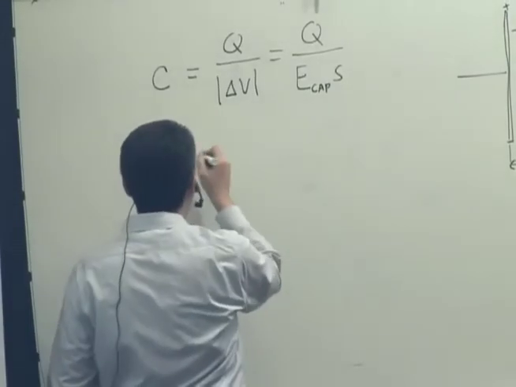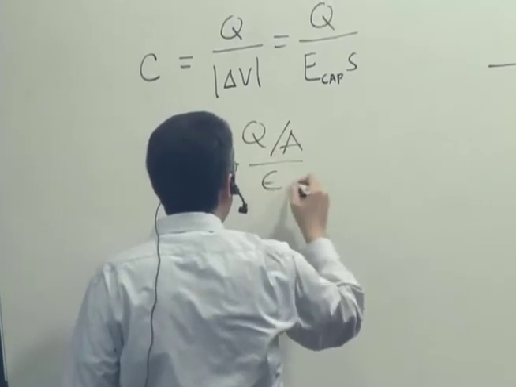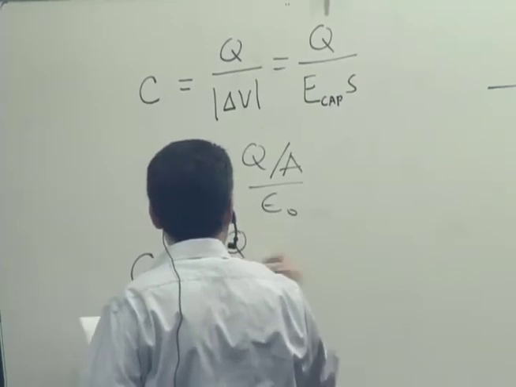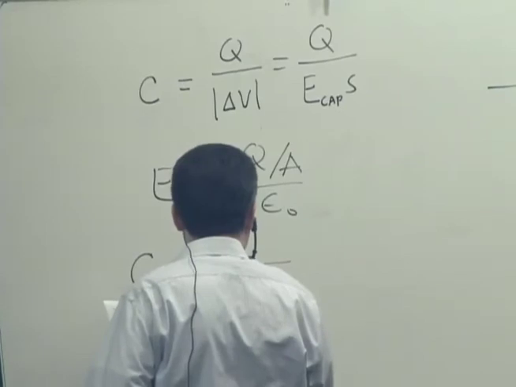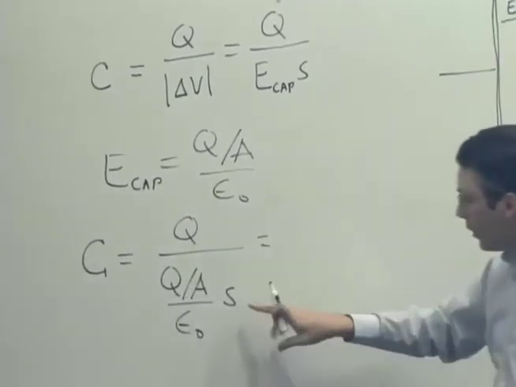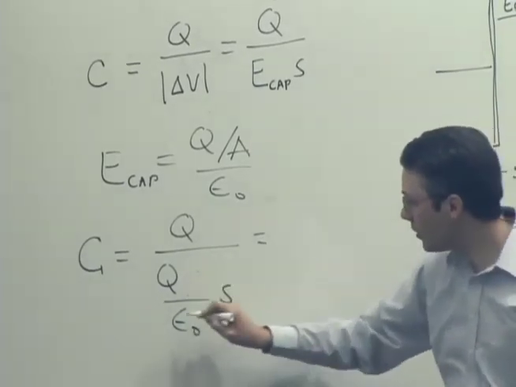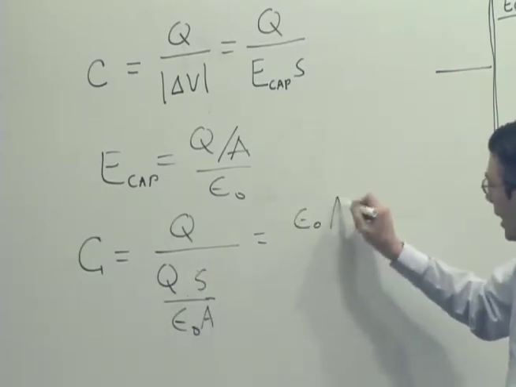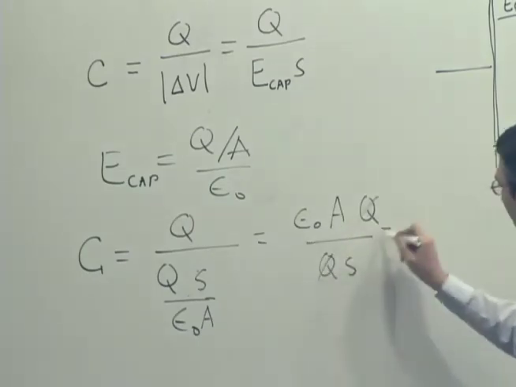The field inside a capacitor is Q over A over epsilon naught. So if I plug that in, the capacitance is Q divided by Q over A over epsilon 0 times S. And if I rearrange this a little bit, bring the A downstairs, this becomes epsilon 0 A Q over QS, and the Q's cancel out.